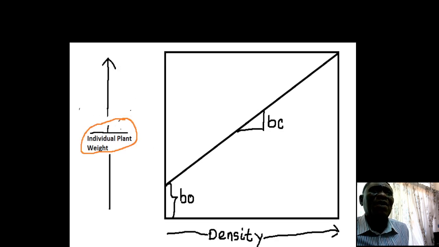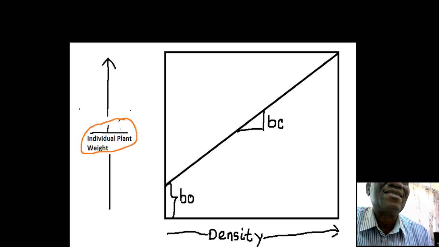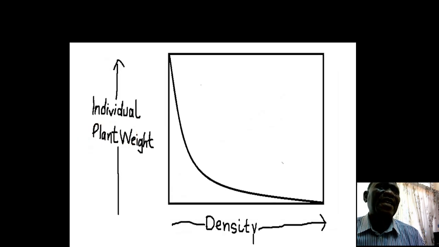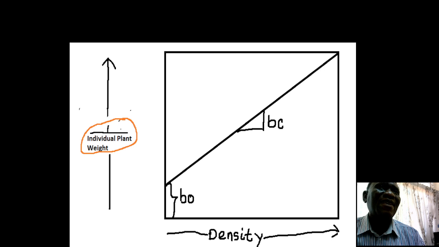But if we plot an intercept, that is, if you divide the individual weight into 1 as the x-axis over density, you can get a straight line. So we can make that curve a straight line by taking the individual weight and dividing into 1, then we plot. We get things like that, where we have now BO and BC.